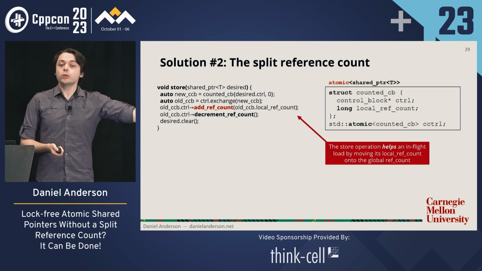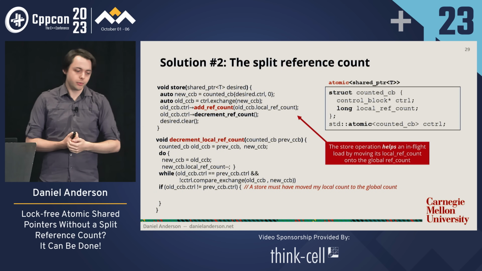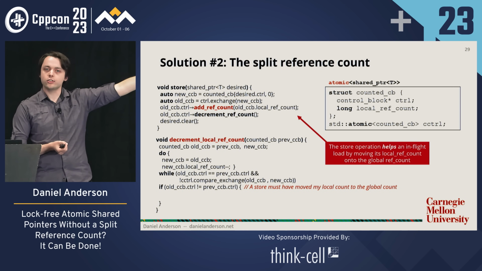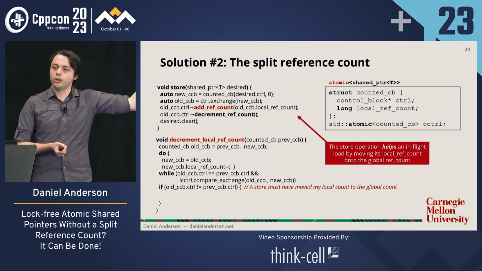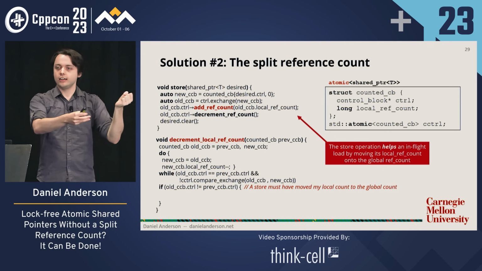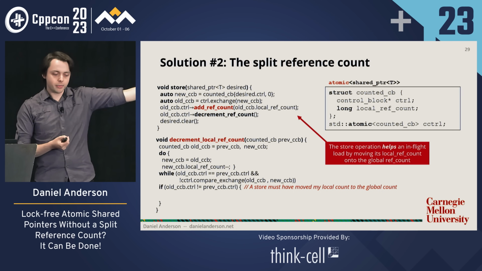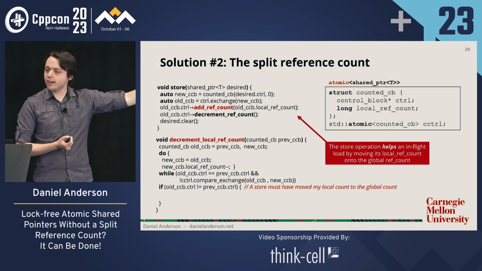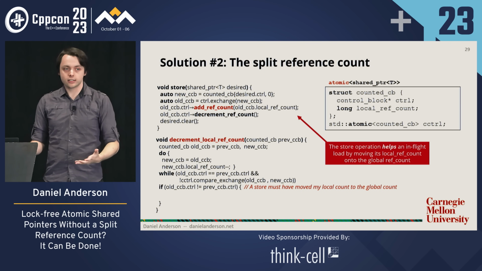Okay, so now that we've seen that, now we can figure out what to put in our mystery branch, right? So now we go back to our decrement local ref count. Remember, this is the final step of the load operation. So the load has incremented the local ref count, taken a copy, it's incremented the global, and now it's ready to just clean up. So the decrement tries to lower the local ref count in the CAS loop, but it discovers now that a store must have taken place.